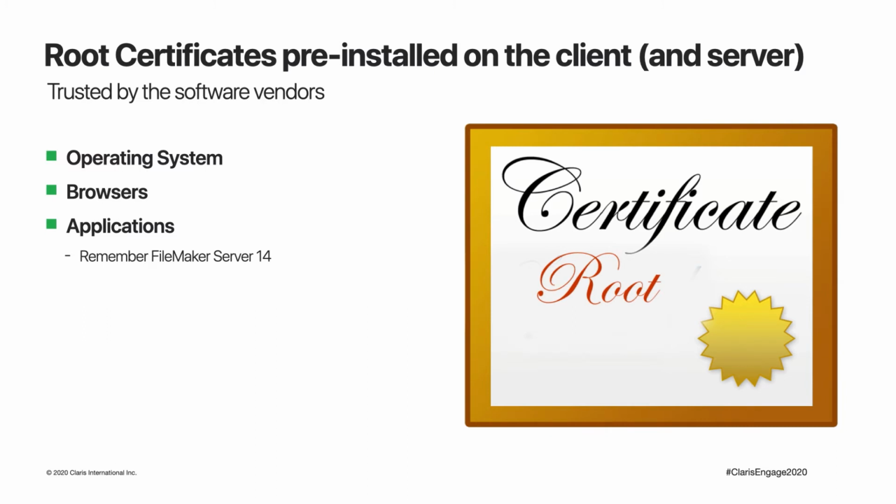So it's part of your operating system, could be part of your browser. Certain browsers have their own certificate store, or it could be within applications. As you will remember, in FileMaker Server 14, only a limited number of root certificates were allowed. These were baked into FileMaker Server, and only those could be used.